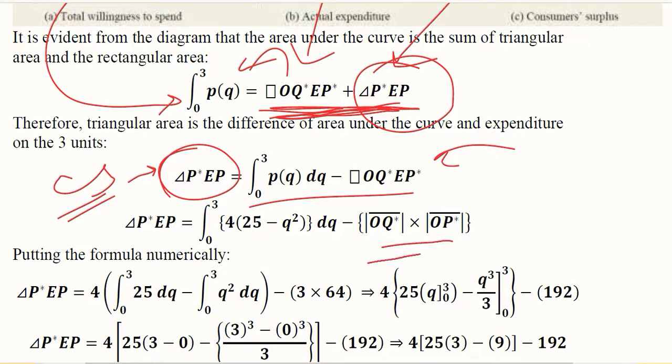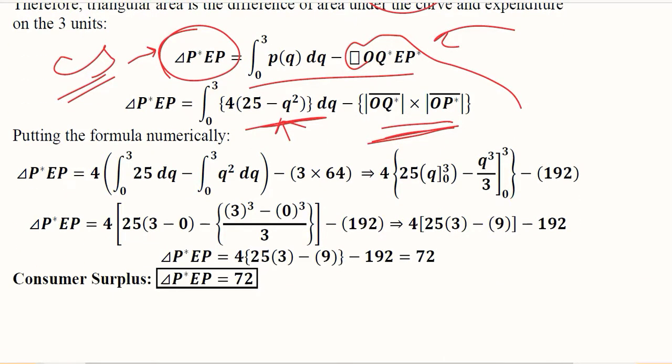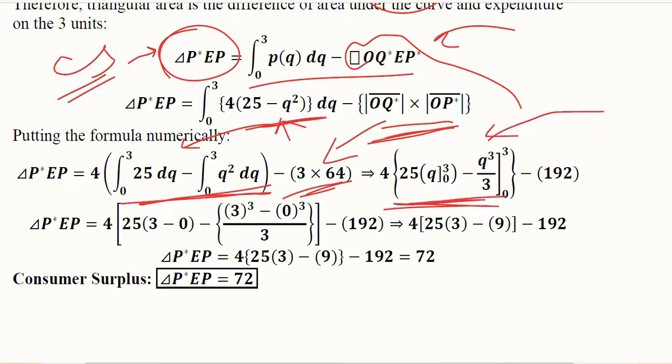This is the length into width formula for the rectangle, and this is the area under the curve, for which the inverse demand function is used. Now the remaining thing is usual, that we are going to apply the definite integration formula here, and this is the area of the rectangle. Here it is being solved, that is the area under the curve using the definite integrals.